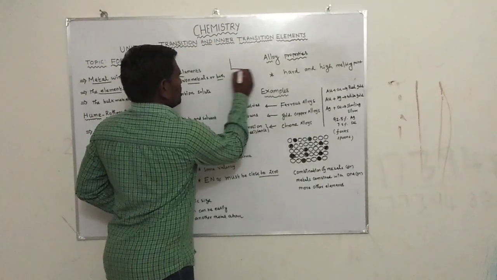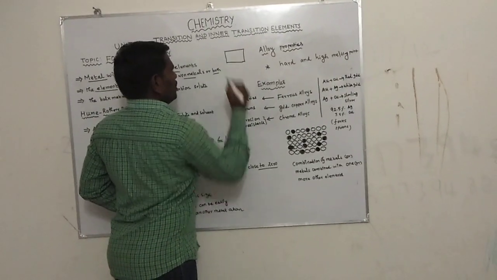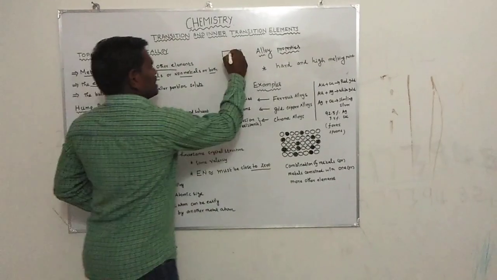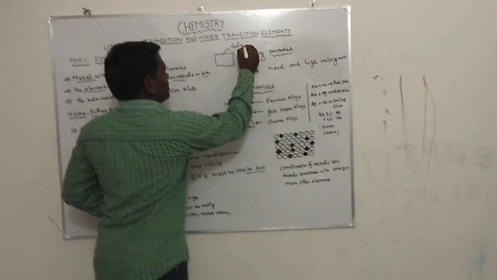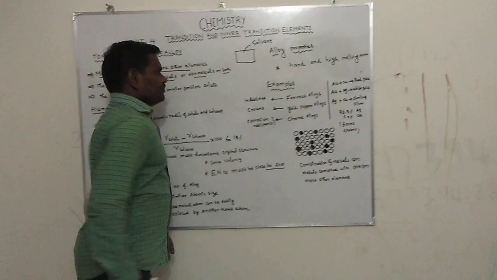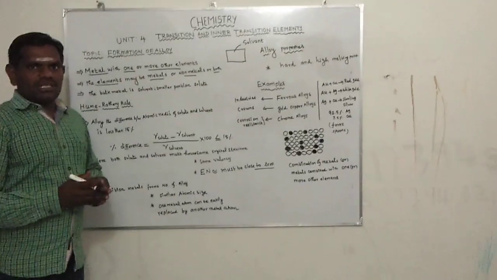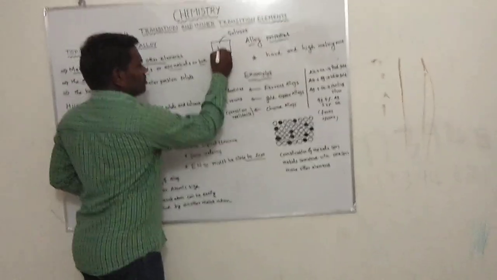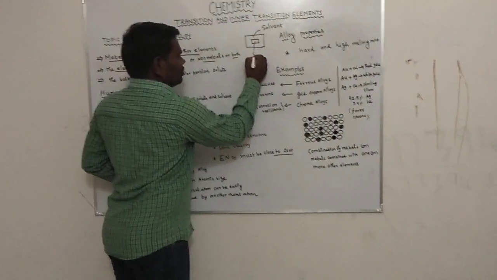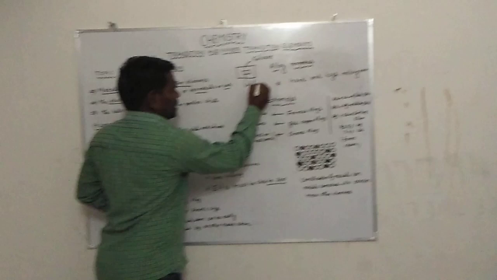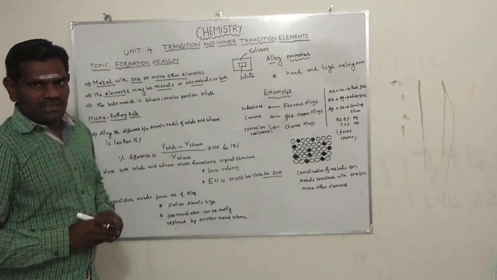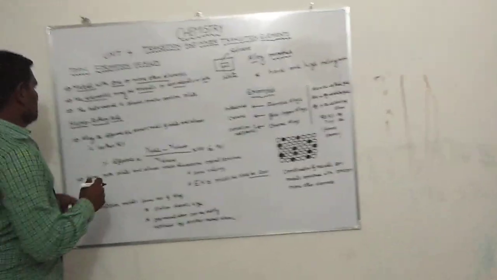That is, the maximum amount of the substance is known as the solvent. The minimum amount of the substance, or smaller portion, is known as the solute. Both solvent and solute are solid in nature in alloys.